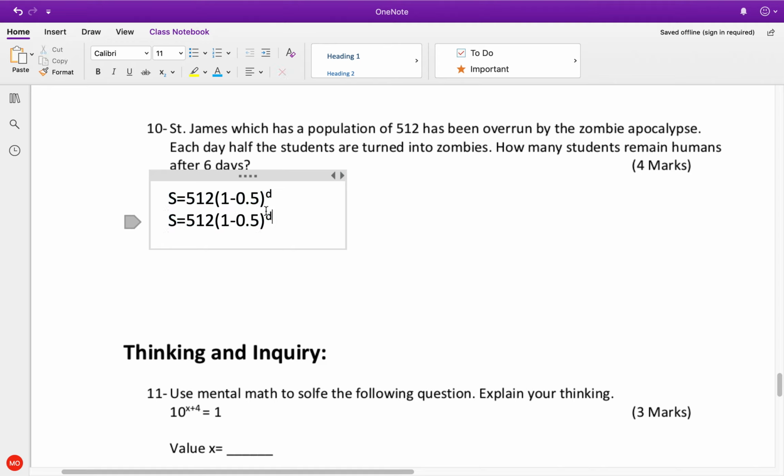This time I'm asking you for 6 days, so we're just going to plug in that. And we can simplify this to just 0.5. If I run that number, to the power of 6 equals 8 students. So unfortunately, after only 6 days, we only have 8 students left and the rest are zombies.